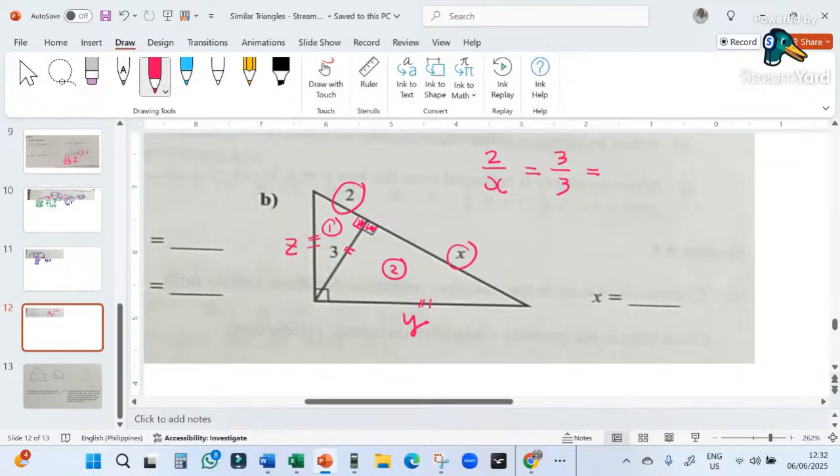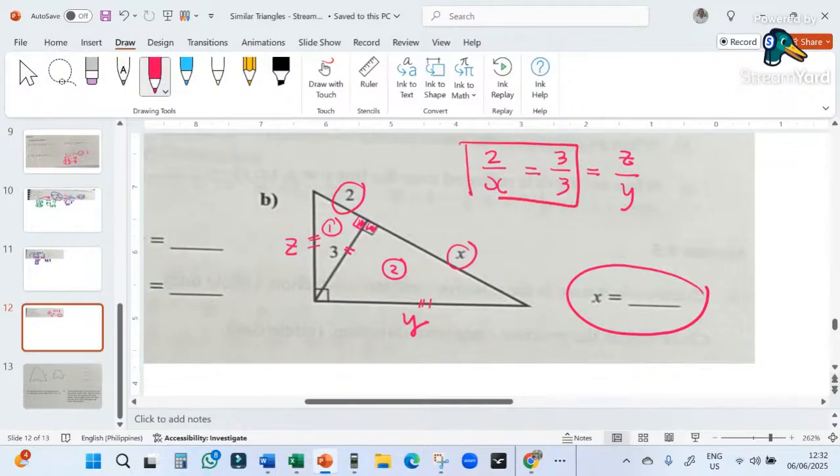So we say the small one is z over y. Are we interested in the z and y? No, we are just interested in x. So we will just concentrate on this relationship. So we do 2 times 3, that will be 6. X times 3 is 3x. Divide both by 3. Then you have x is equal to 6 divided by 3, or x is equal to 2. See? It's easy, isn't it?